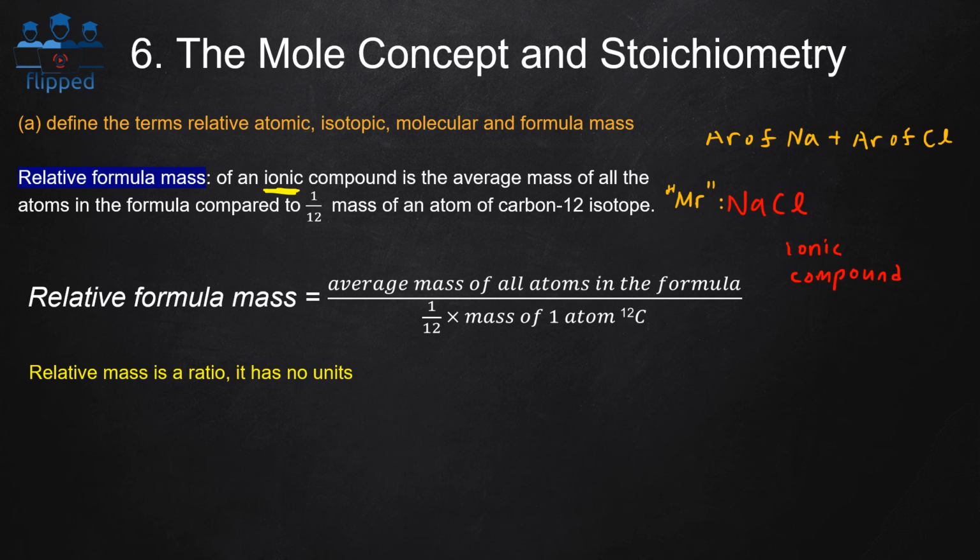So the difference between this and molecular mass is really just a technicality. NaCl is an ionic compound, so I cannot use a molecular formula for it. And that will be all for this portion, which is to define the terms relative atomic, isotopic, molecular, and formula mass for this chapter of mole concept and stoichiometry.